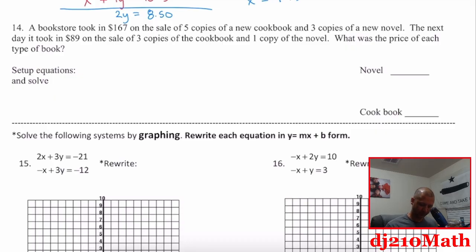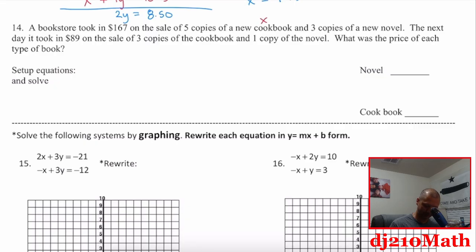Do another one. So a bookstore took in $167 on the sale of 5 copies of a new cookbook and 3 copies of a new novel. So I'm gonna assume that those are gonna be our variables, right?